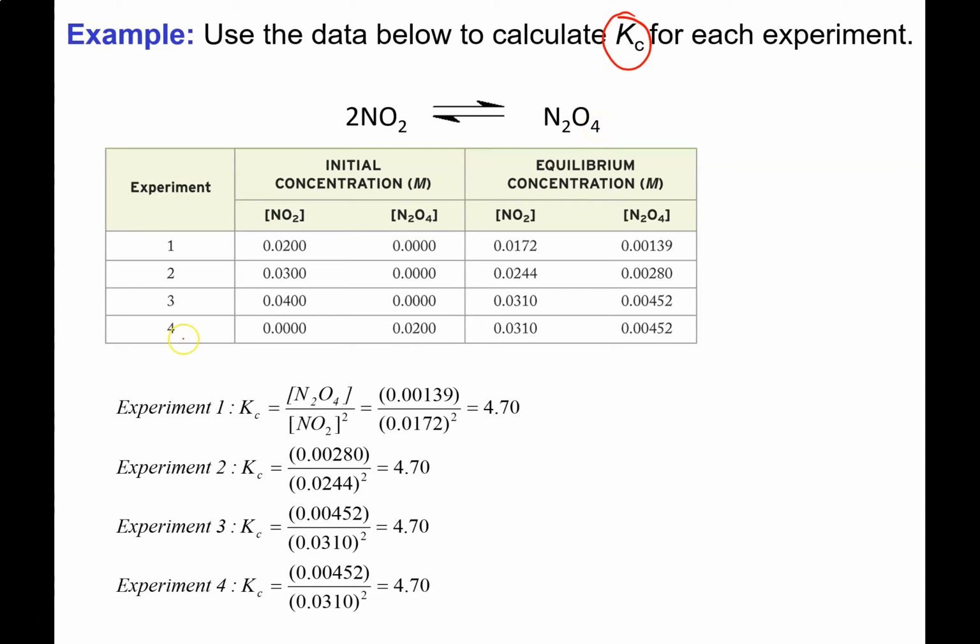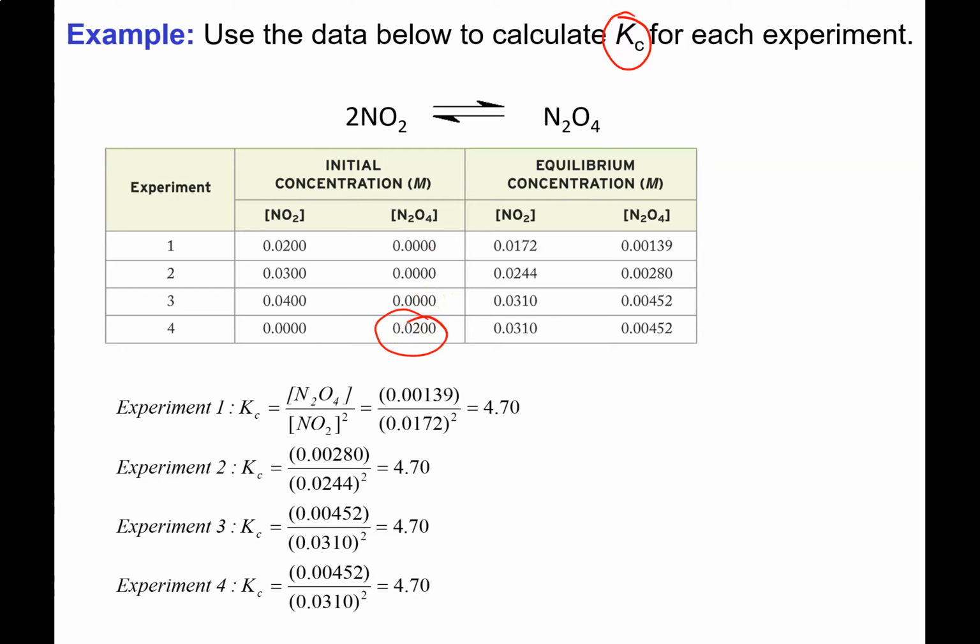We have 4 experiments, with different initial concentrations of reactants and products. In the first case, we have all reactant and no product. For 3 cases, we steadily increase the amount of reactant, while again starting with no product. And then in the last case, we've got all product and no reactant.